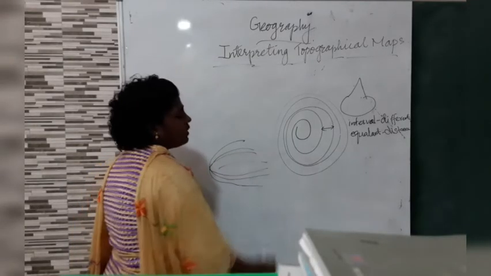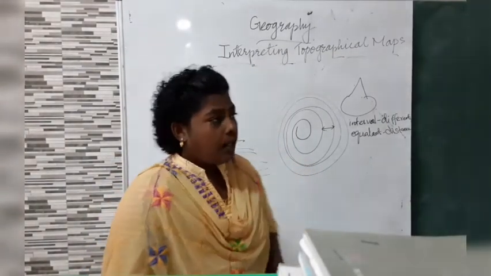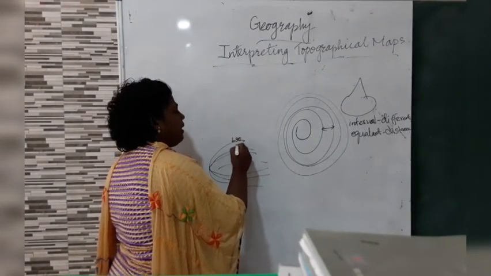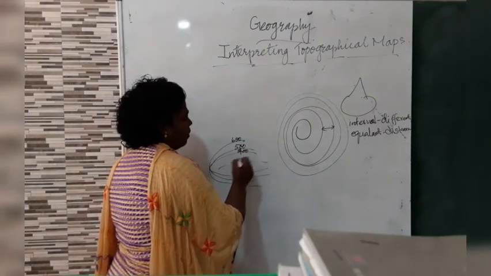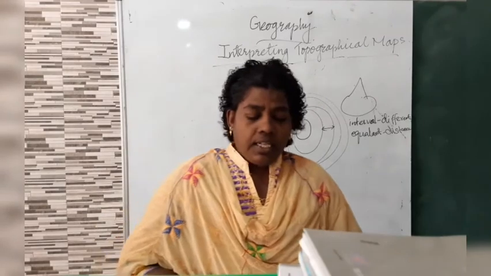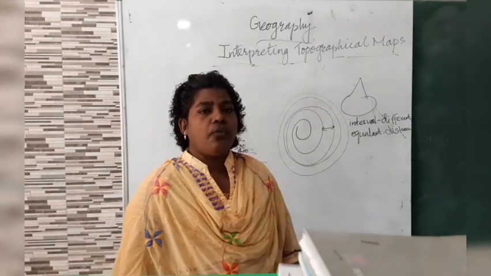So it will be marked like this. This is what is called a cliff. And you should remember, for all the contour lines there will be a number given. No contour line is without a number. Did you understand?